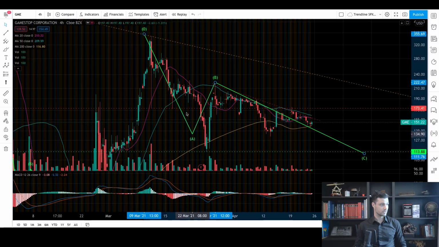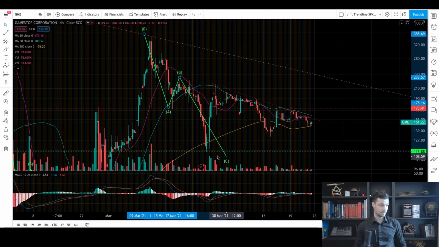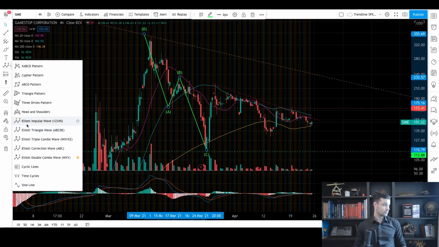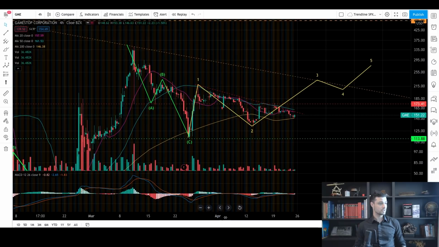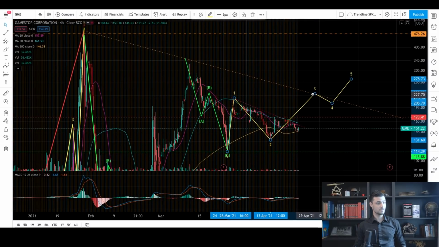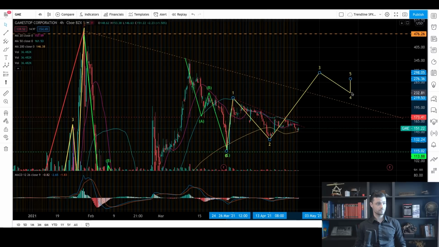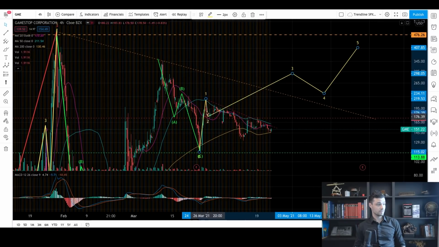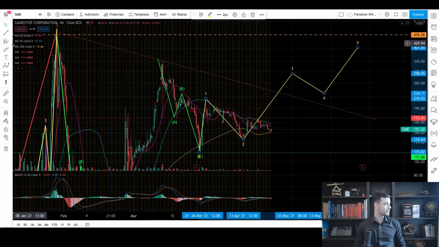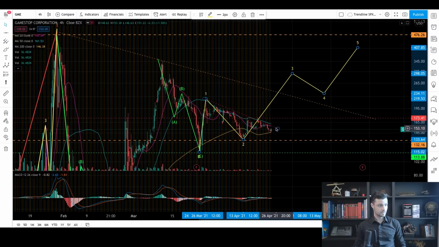So what is another scenario that is happening right now? To be honest, I need to have some volumes picking up. We could be just in a 1, 2, 3, 4, 5 like this. This is actually possible as well. But once again, I don't know if the second wave is going here or here; I don't have that much visibility in the range between here and this trend line.